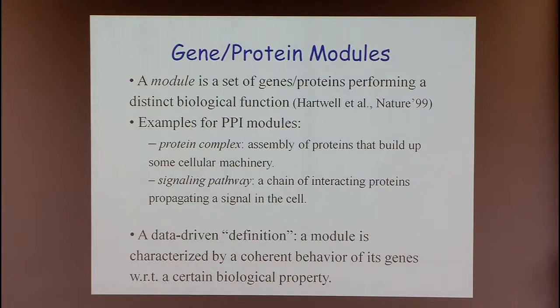Of course, we will try to identify them based on some behavior that we think is important. And then, as Ron loves to say, the proof is in the pudding. We will have to check the module that we identify and see whether indeed it performs a distinct biological function, etc. But most of the time, our way of defining or looking for modules will be very empirical. We will look for a set of genes that display some coherent property.